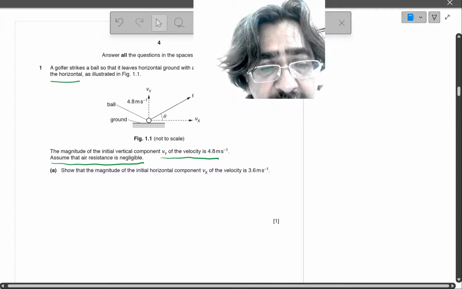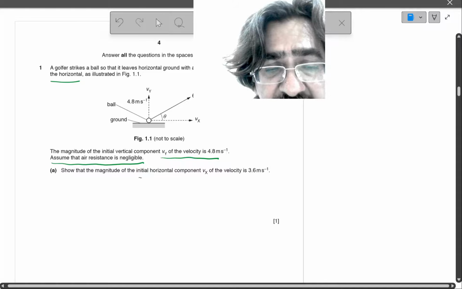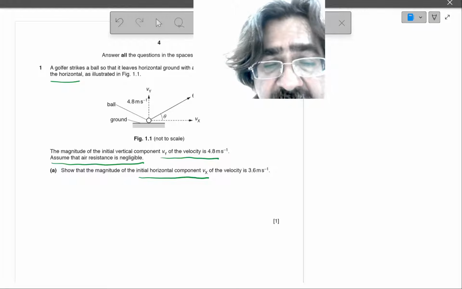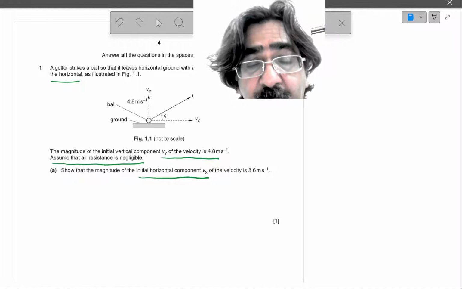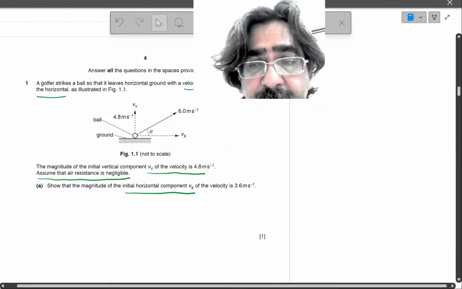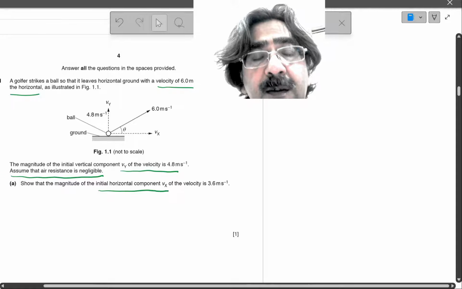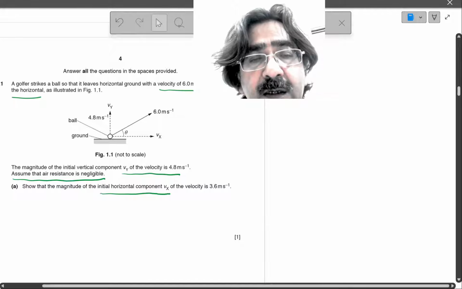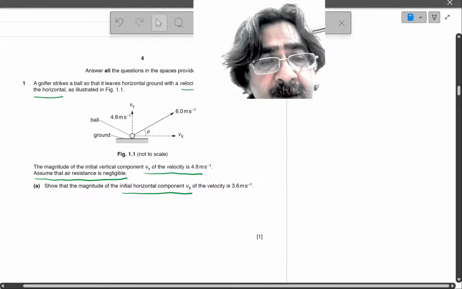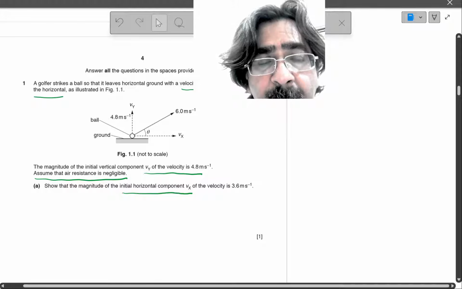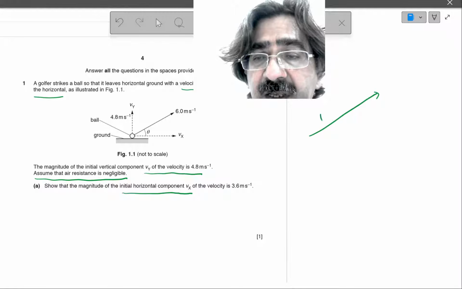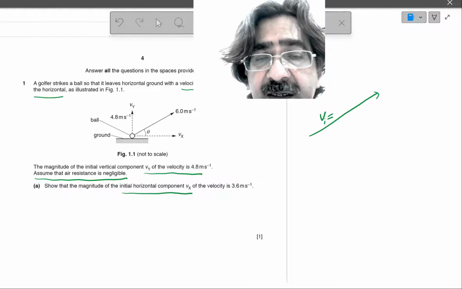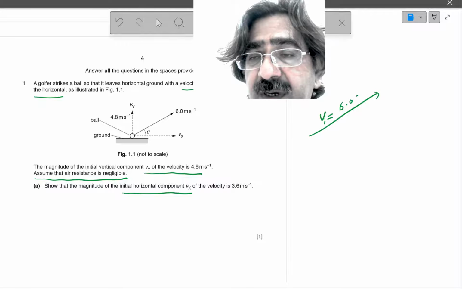So, what is part A? Show that the magnitude of the initial horizontal component Vx is to be found. From the diagram, you can easily observe that the initial velocity v is given, that is 6 meters per second.